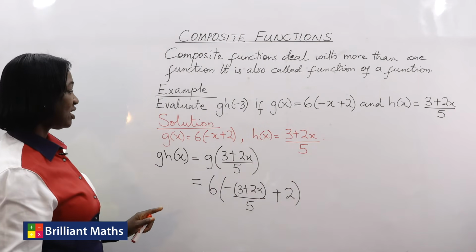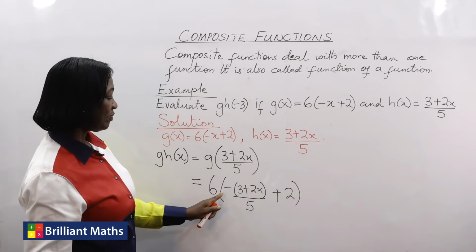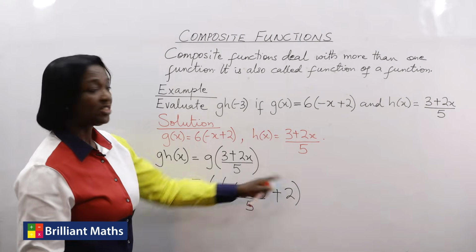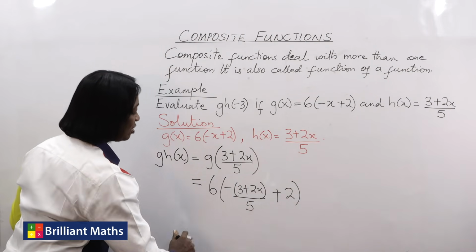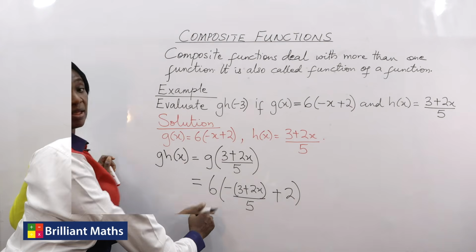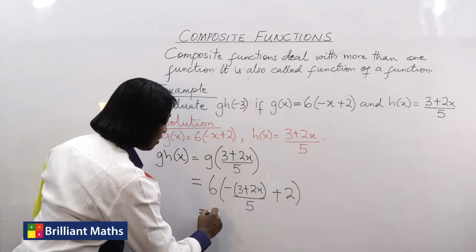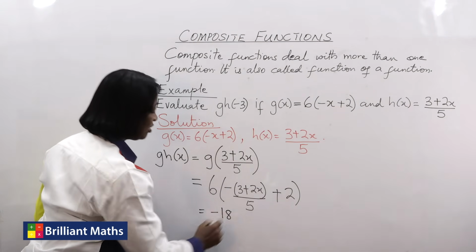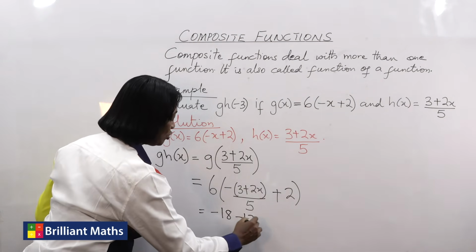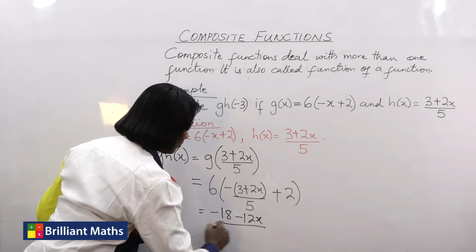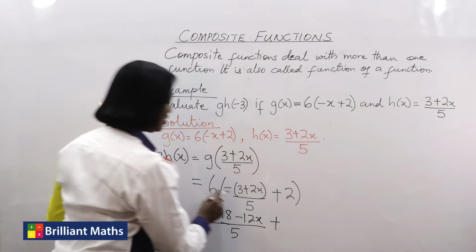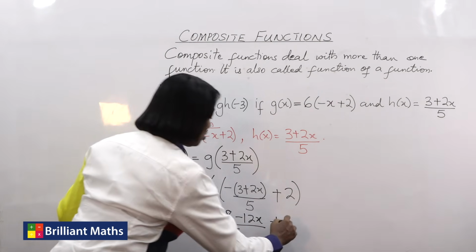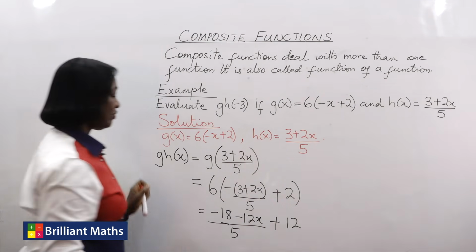So next, I'd like to open up the first bracket. So 6 times 3, that will be minus 18 minus 12x all over 5, plus 6 times 2, plus 12.